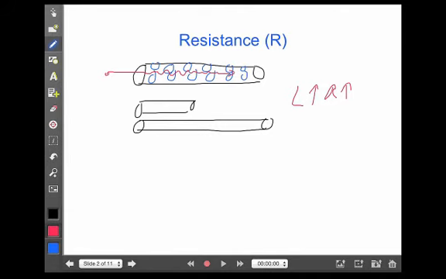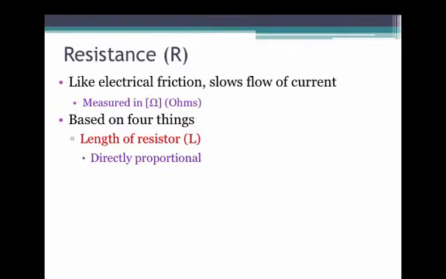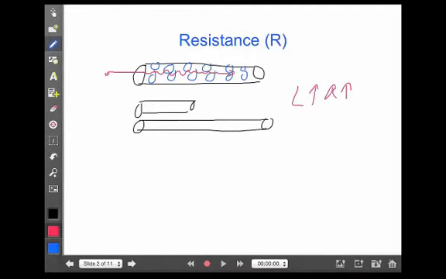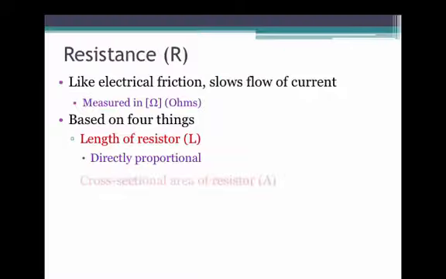And it turns out that they are directly proportional to each other. So again, what does that mean? Well, that means if I double the length, I double the resistance. So that's the first thing that affects your resistance, particularly in a wire.